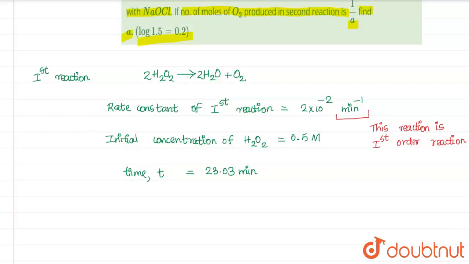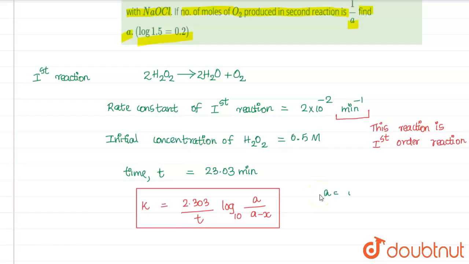Hence, we can write the equation to find the rate constant. The equation to find the rate constant is, rate constant K is equal to 2.303 divided by T into log to the base 10 into A divided by A minus X. Okay, where A is the initial concentration and A minus X is the final concentration, or number of moles remaining.